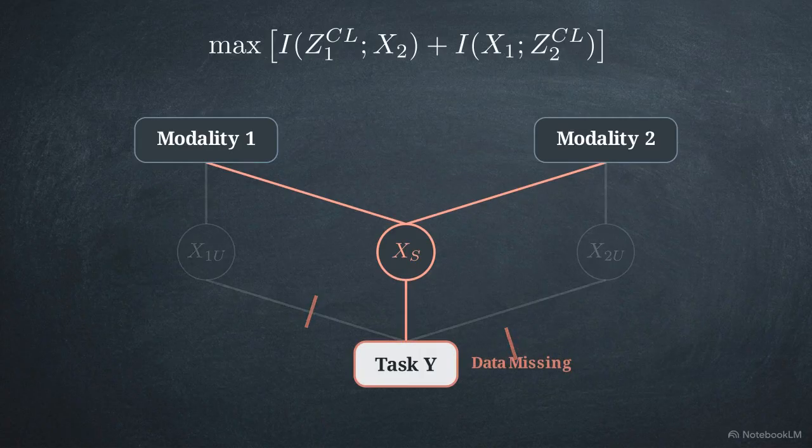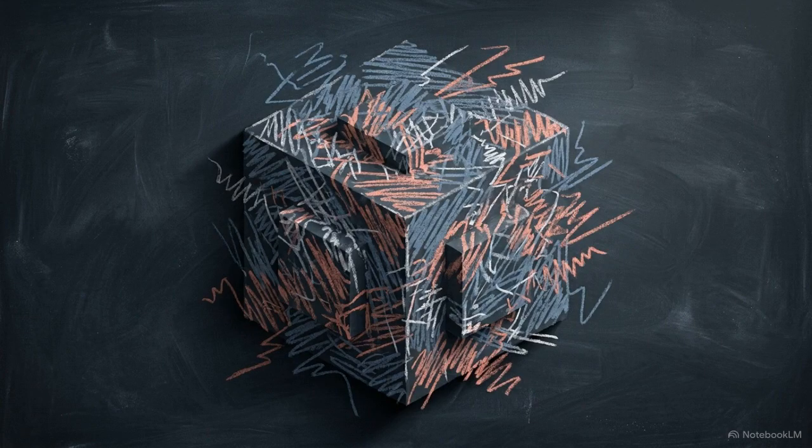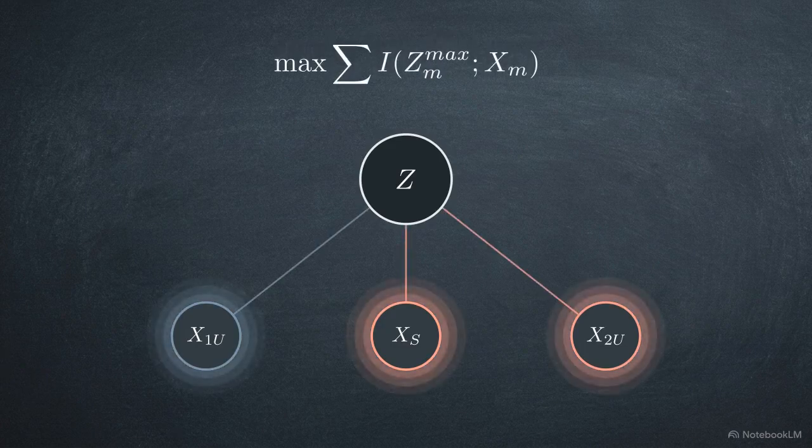Let's test multimodal contrastive learning against that ideal. This method focuses entirely on cross-modal alignment. This equation represents the contrastive objective. When we map it onto our latent factor model, it illuminates only the shared pathway. Because it maximizes mutual information across paired modalities, the result depends solely on the entropy of the shared factor.